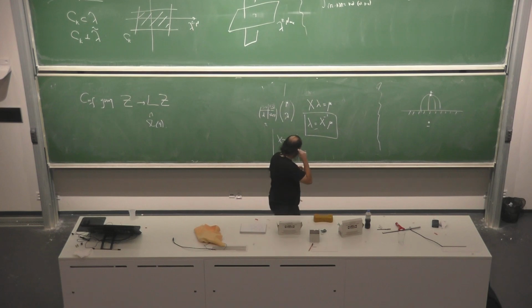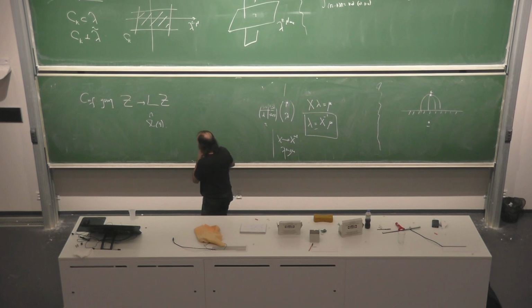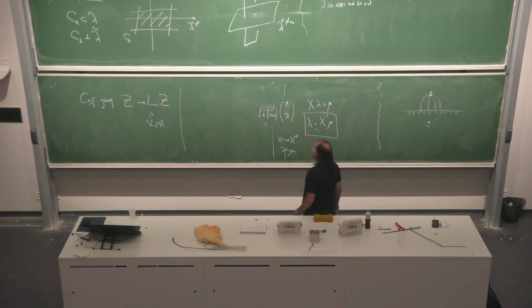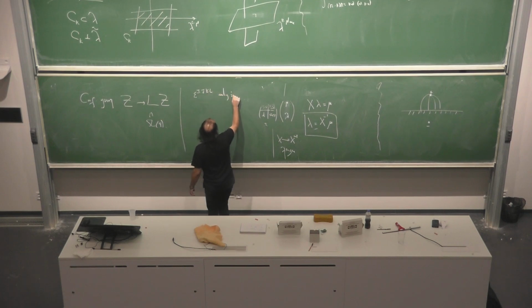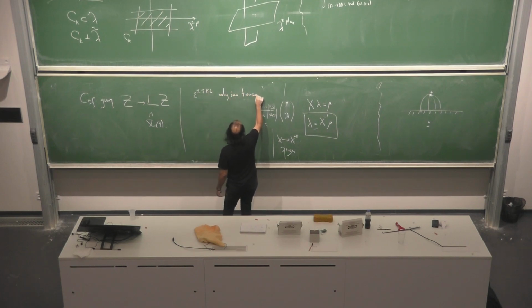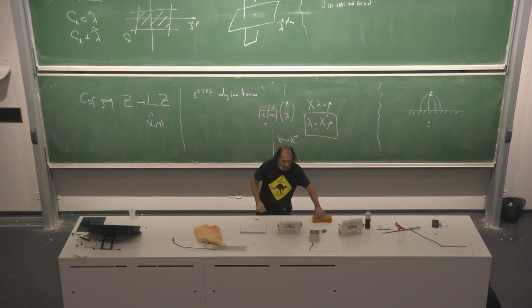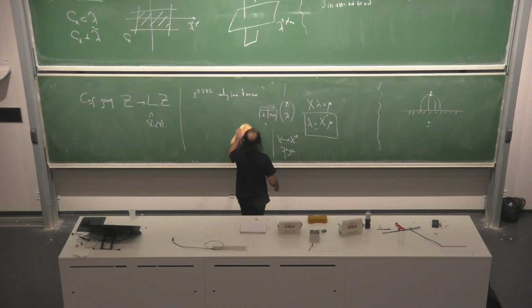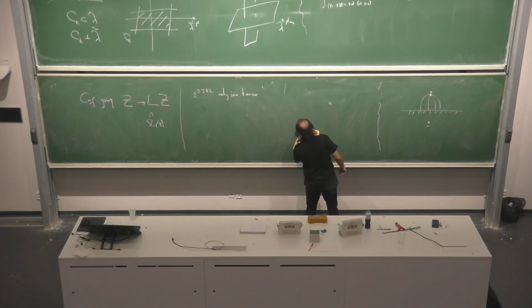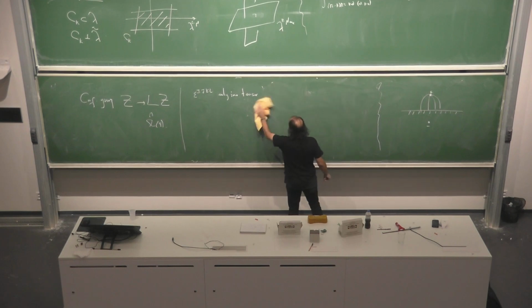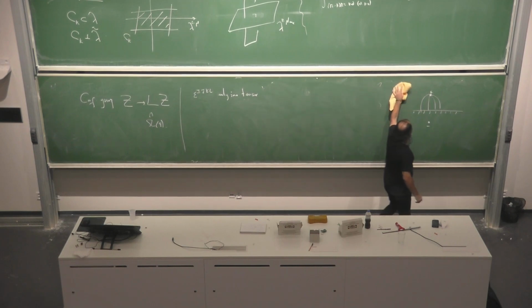Okay, so now this also means that since this is the symmetry, the only invariant tensor that we have is epsilon ijkl. Is the only invariant tensor. So there's no metric, there's no distance, nothing like that, okay?